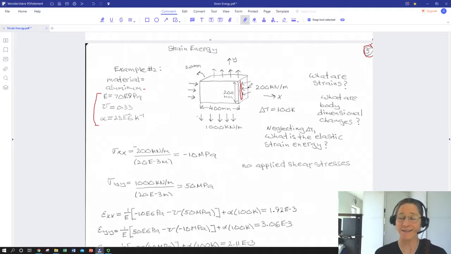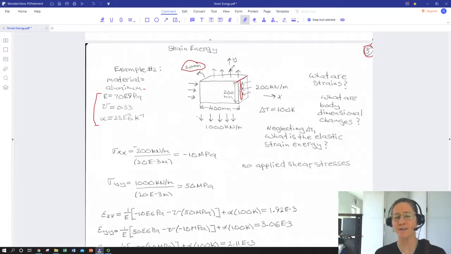So in order to get the uniform stress on those faces, we'd have to include our other dimension, which is our 20 millimeters of thickness. So we have 200 kilonewtons per meter acting in compression on our positive and negative X faces. If we want to get the stress or pressure, so to speak, on that X face and negative X face, we would divide again by this dimension. And likewise in the Y.